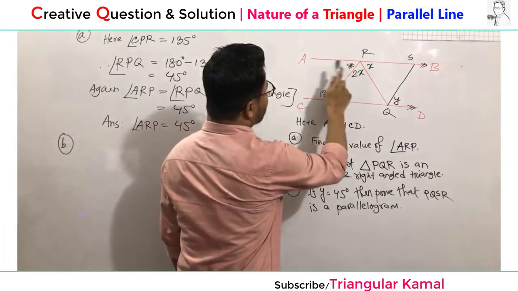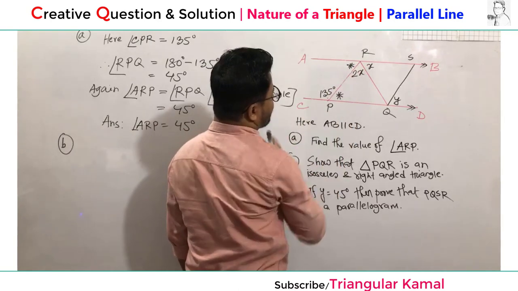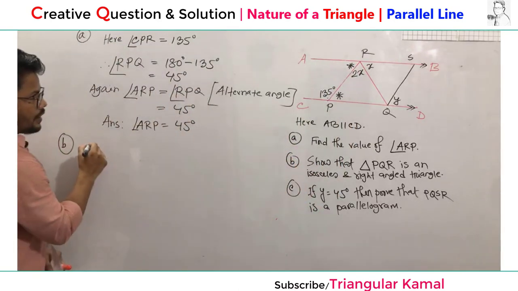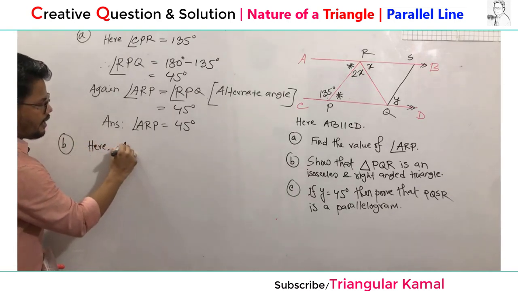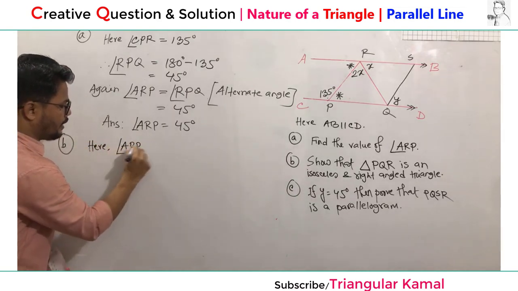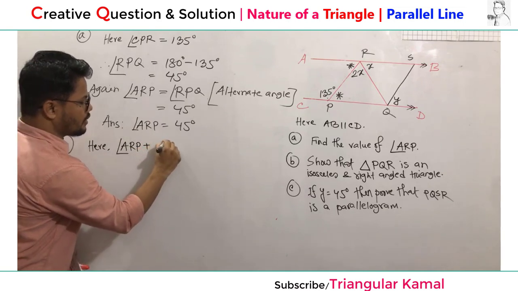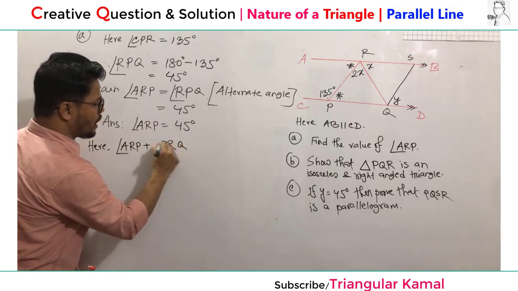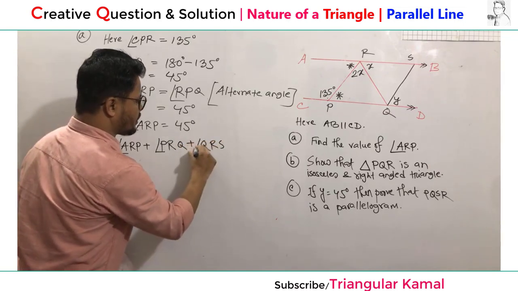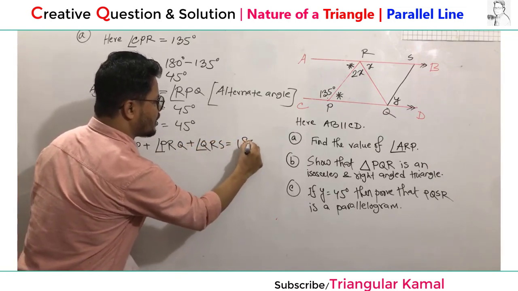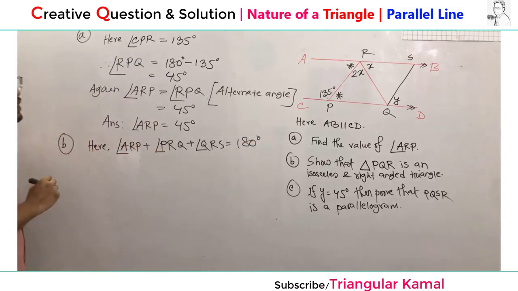This is the star mark angle ARP. Here, ARP angle plus PRQ angle plus QRS angle is 180 degree, and together they make a straight angle here.